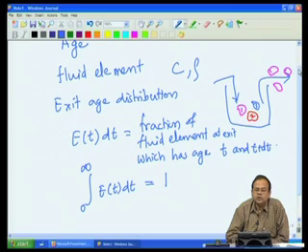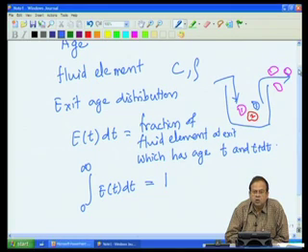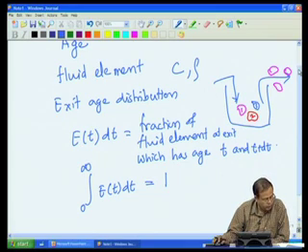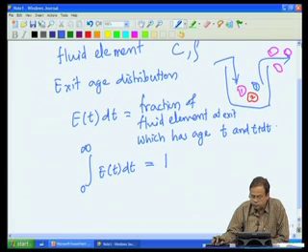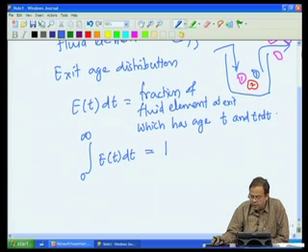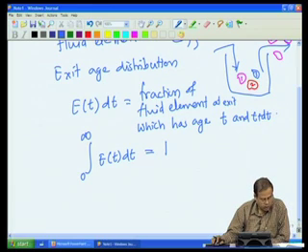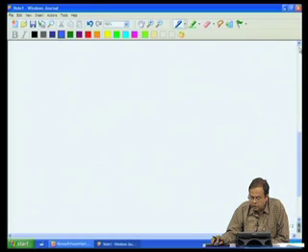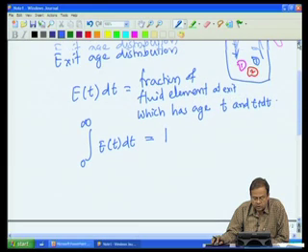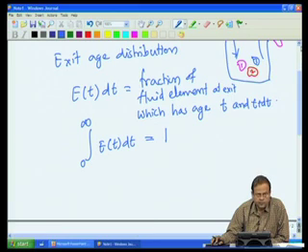So, it could have age anywhere between 0 and infinity, or a very large value, but if I add up all those, they must add up to 1, because all fluid elements which have entered have to come out of the reactor. Okay, so this is my exit age distribution.